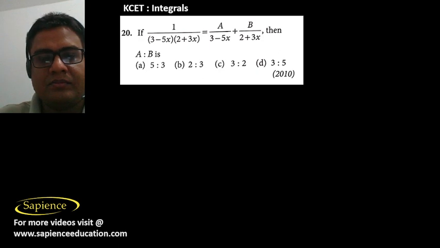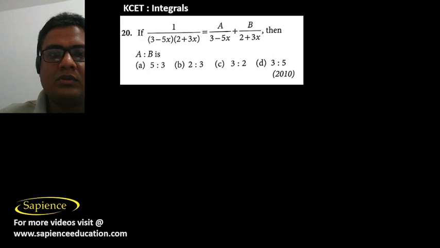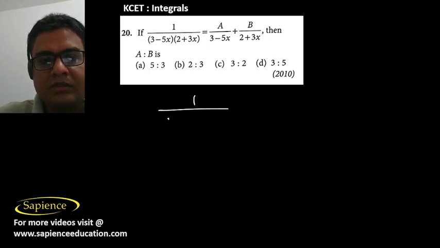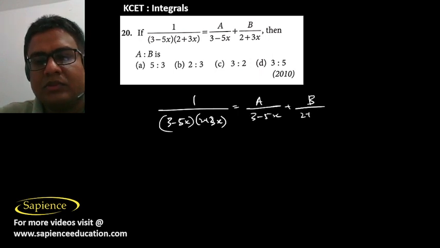Okay, so in question number 20 it has been told that 1 by (3 minus 5x)(2 plus 3x) is equal to a by 3 minus 5x plus b by 2 plus 3x. Then a is to b is how much?